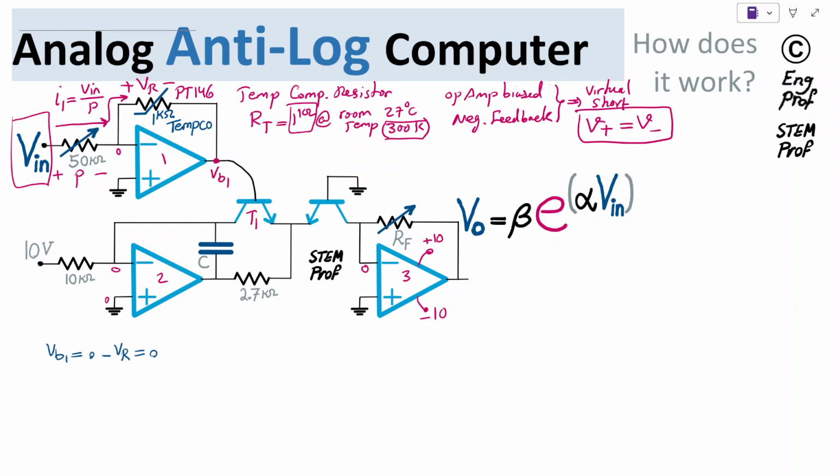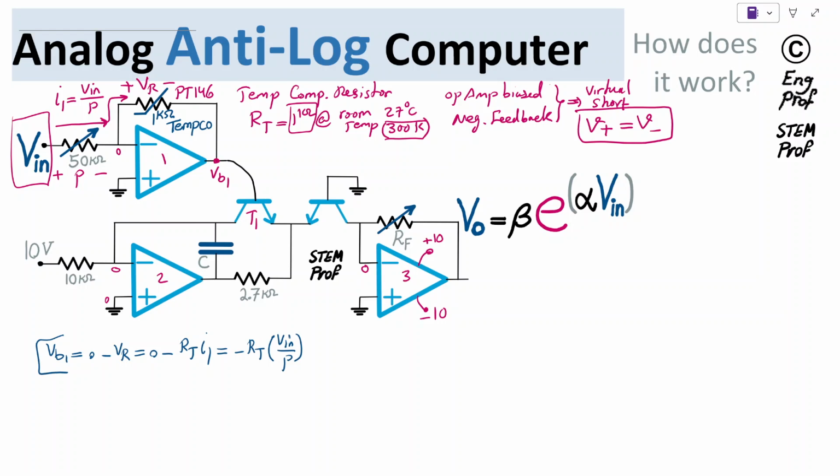So it is 0 minus RT, the value of the resistor, times I1. We can substitute for I1, so minus RT times Vn divided by the value of the potentiometer.